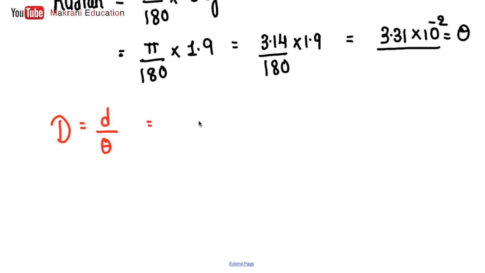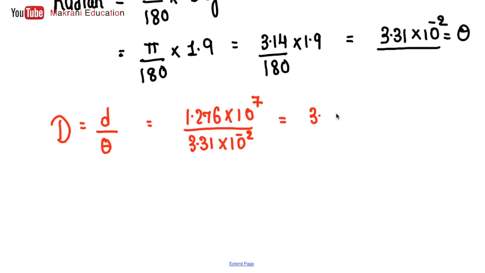The diameter of earth is given to us, 1.276 into 10 raised to 7 meter, over theta, that is 3.31 into 10 to the power minus 2, and that gives exactly 3.84 into 10 to the power 8 meter. So this is the distance between earth and moon. We can find this using the parallax method. It's very easy.